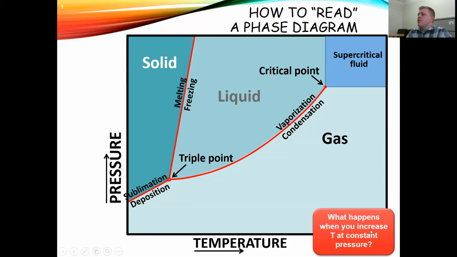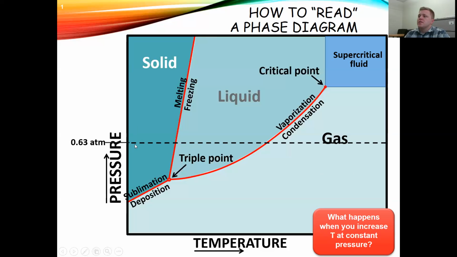Now, what happens when you increase the temperature at a constant pressure? What that means is we're going to come up here on this y-axis and just pick a point. Let's say we pick a point at 0.63 atmospheres. This is about the pressure in Denver, Colorado. And let's just increase the temperature. We'll start at 0 and increase on over here.